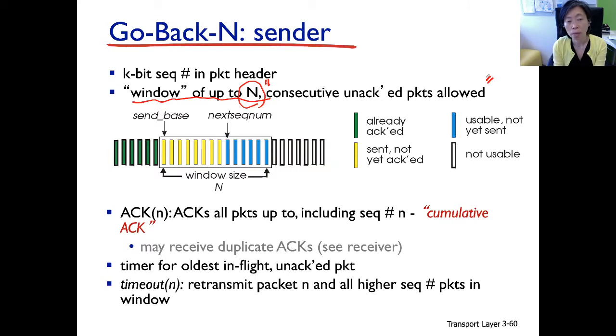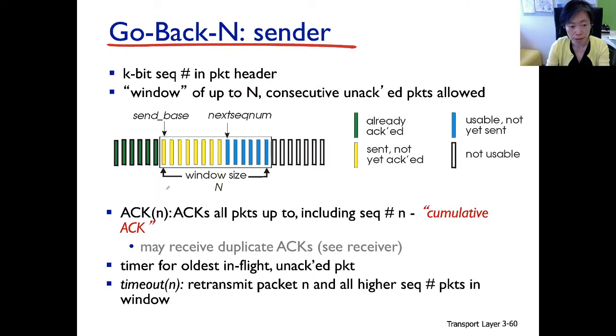In Go-Back-N, this is the number of consecutive unacked packets allowed, as illustrated here. From the first packet in flight to the last packet in flight, the max range is N. So at any given point in time, we allow only up to N packets in transit, not yet acknowledged.